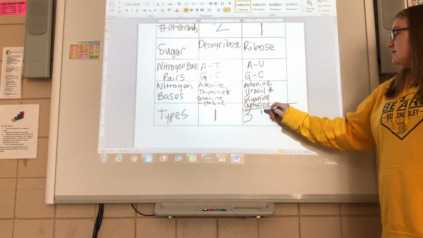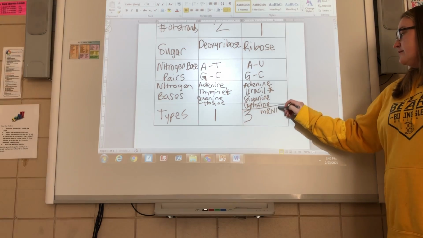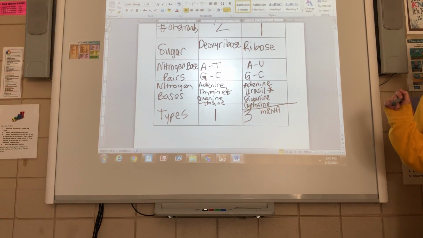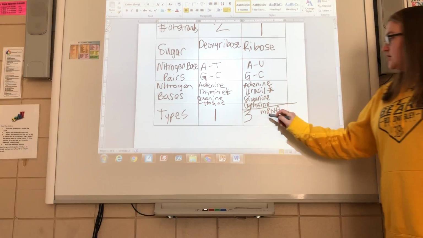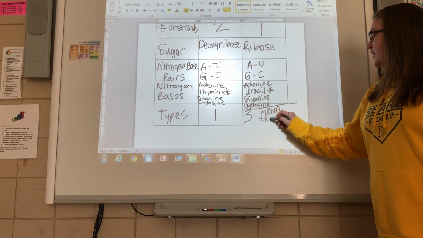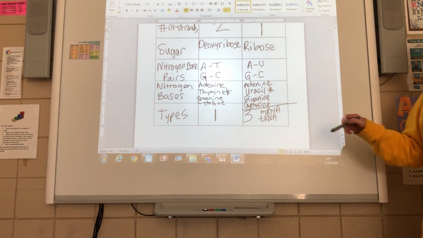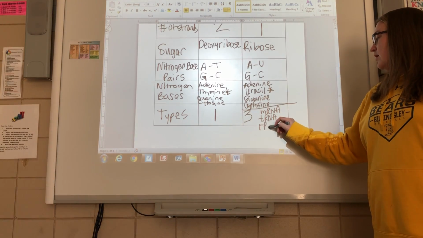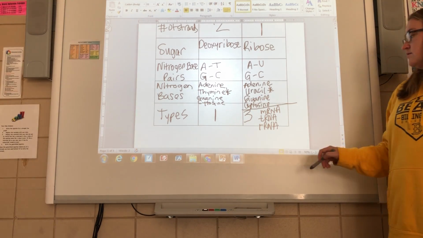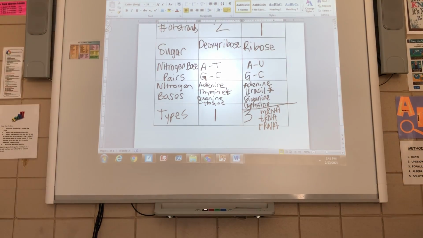You've got mRNA. What did the M stand for? Messenger, because it's carrying a message. You got tRNA, which transfers things, transfer RNA, and you got rRNA, which is ribosomal RNA, which makes up the ribosomes, which assemble the proteins.